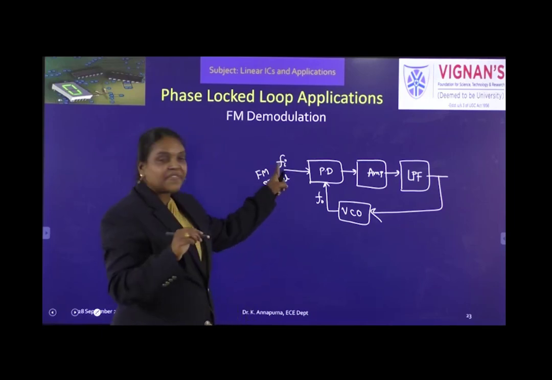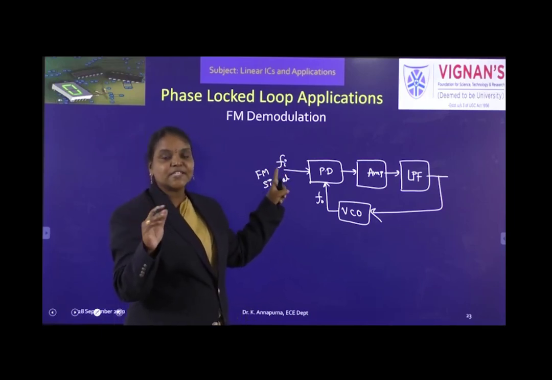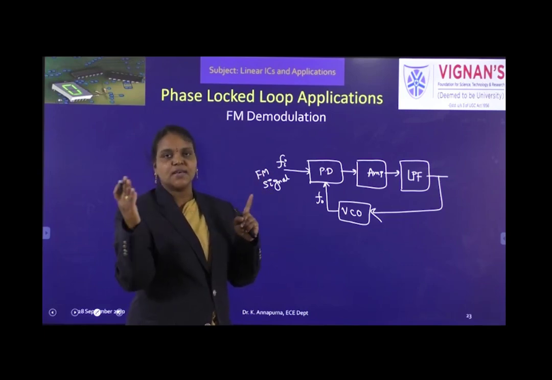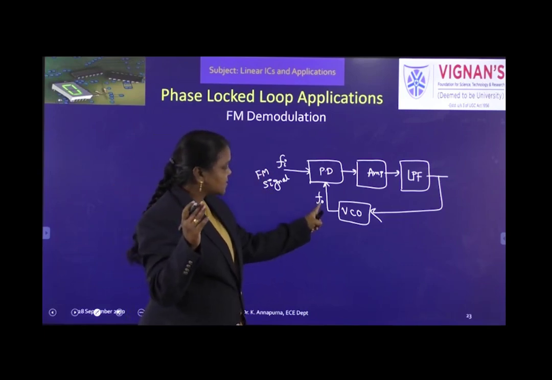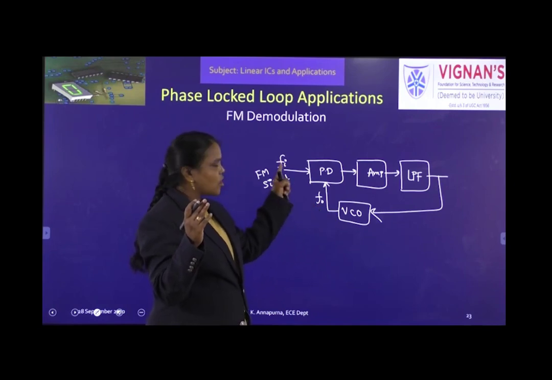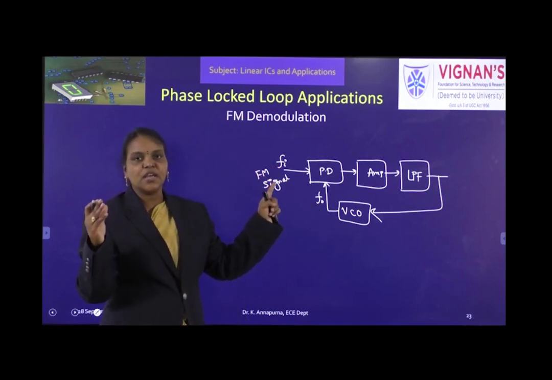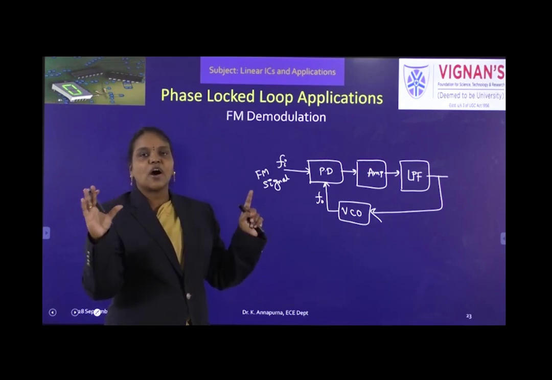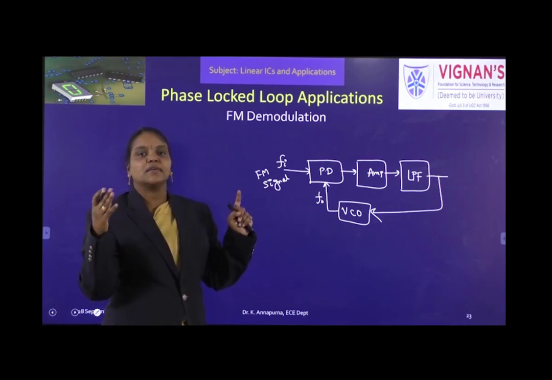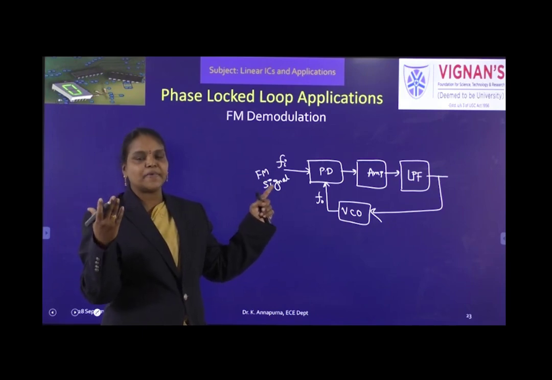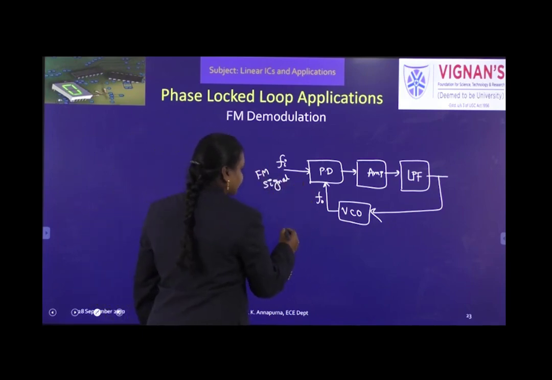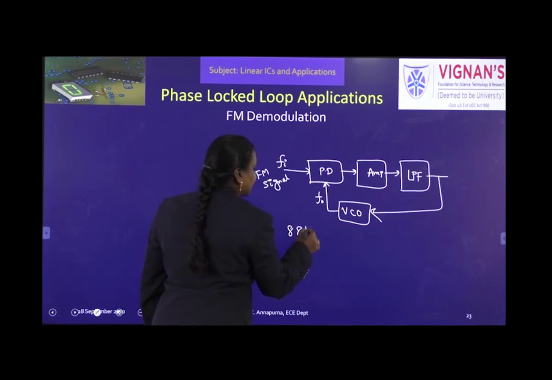So here Fi is not constant because it is a frequency modulated signal, meaning from time to time its frequency will be changing, and this VCO will try to lock to the incoming signal frequency, and at some frequency both will match. After that, because of the locking capability, suppose both are locked at 88 kilohertz.